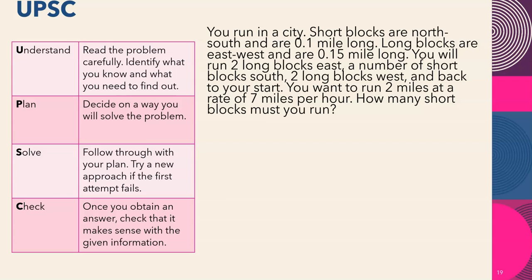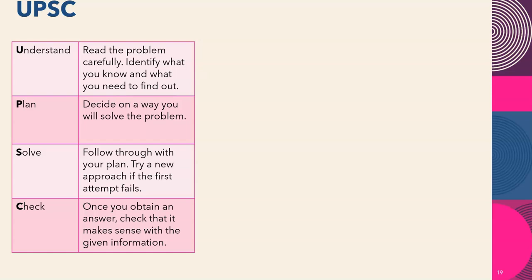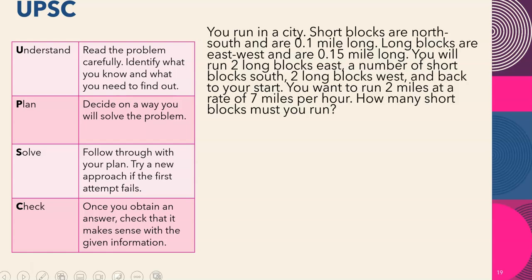We want to know how many short blocks we need to run in order to run a total of 2 miles. And remember that we are going to run a total of 4 long blocks within those 2 miles also. Now we can start to plan our solution to this problem.